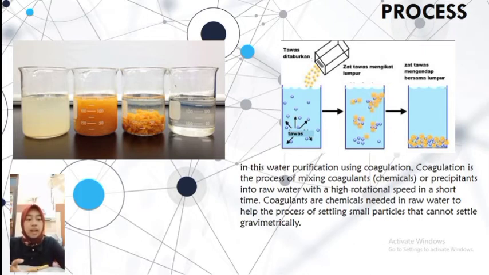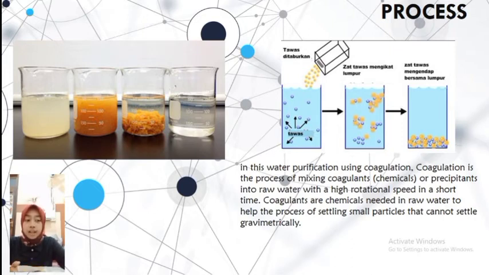Okay. In water purification using coagulation, coagulation is the process of mixing coagulant or chemicals or precipitants into raw water with a high rotational speed in a short time.